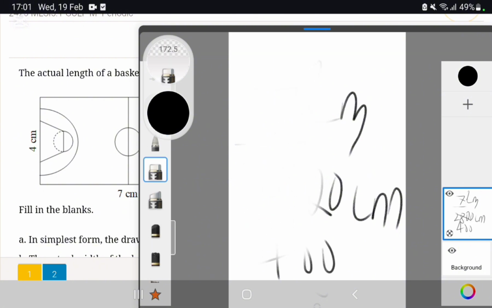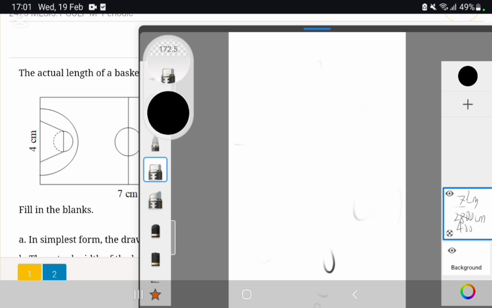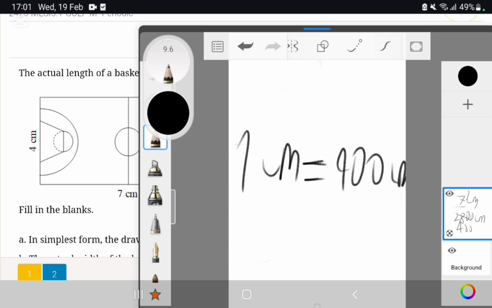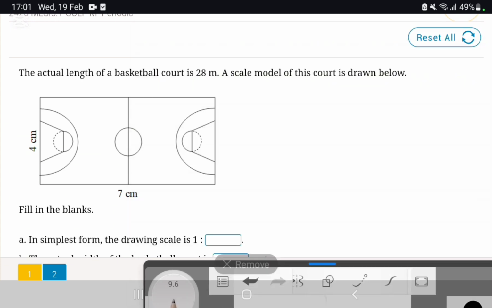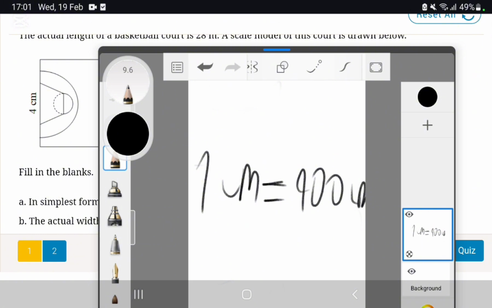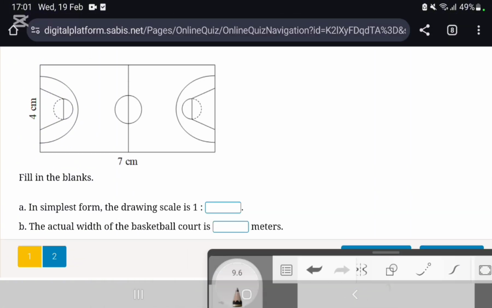So let me do the ratio: 1 centimeter is equal to 400 centimeters, which is what we have here, 1 centimeter to 400, which is part A.